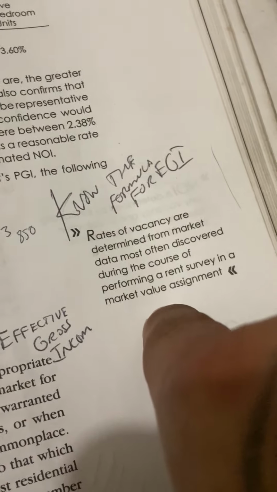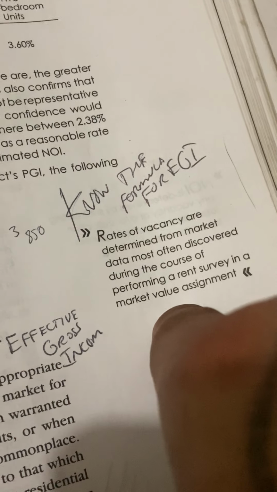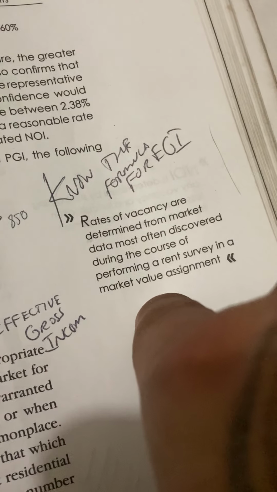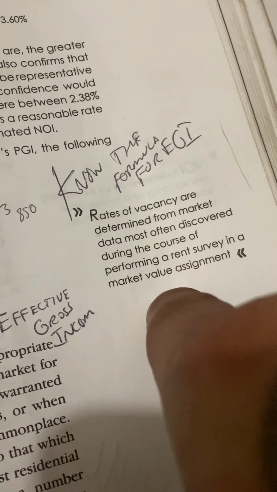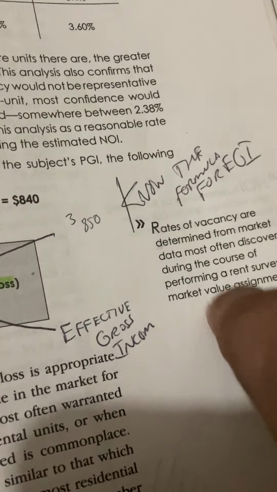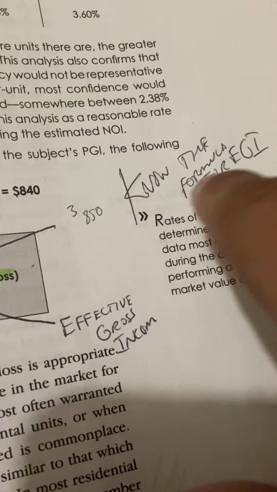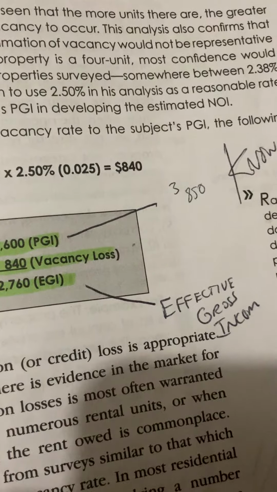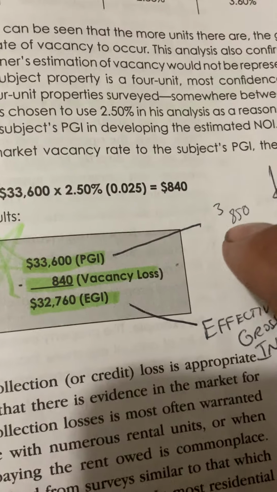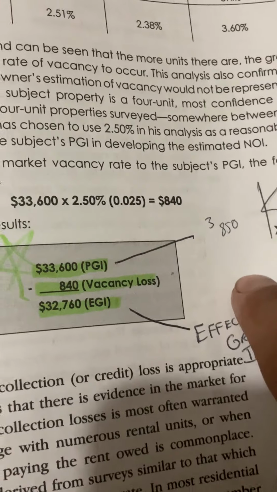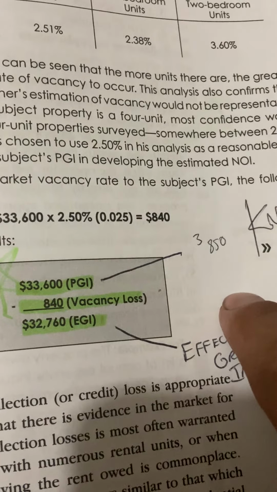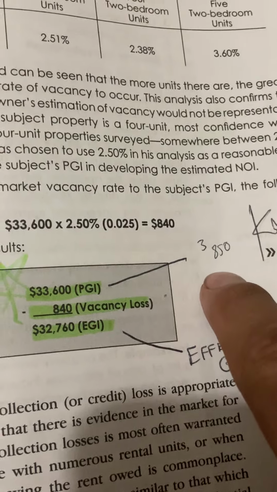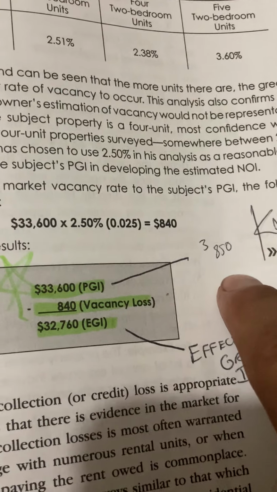Rates of vacancy are determined from market data most often discovered during the course of performing a rent survey in a market value assignment. The extra notes we took were just know the formula for effective gross income, and it showed the number 33,600, pointing towards potential gross income.